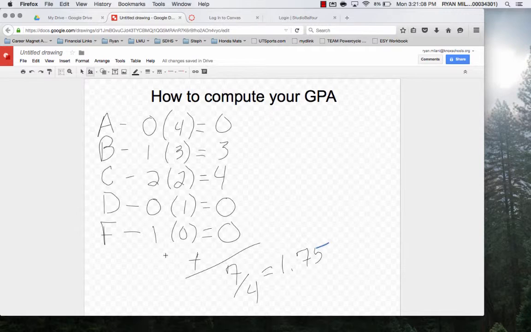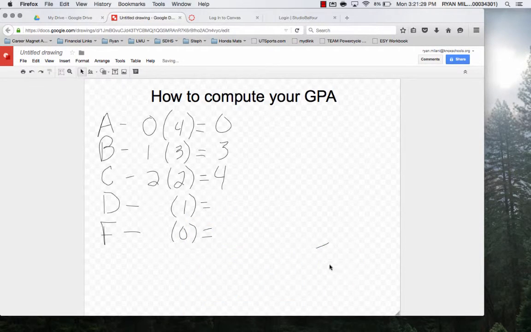Now, one of the biggest things that hurts a GPA is the F, so I'm going to go back and pretend that this F right here didn't happen. We're going to pretend that I made no F's, but in fact I made a D. So what that's going to change is these numbers. Let's just select all that, delete all that. I just want you to see what happens if you change one F into a D. So now I've made a D, but no F's.